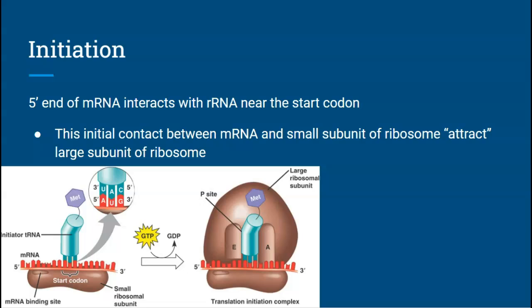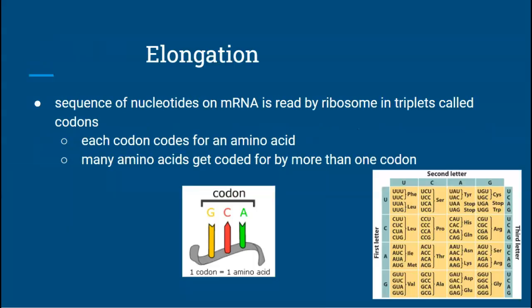And this is going to happen right at the beginning of the gene that's going to start coding for an actual protein. And this beginning area is called the start codon. Okay, so initiation is the ribosome assembling around the mRNA near the 5' end.